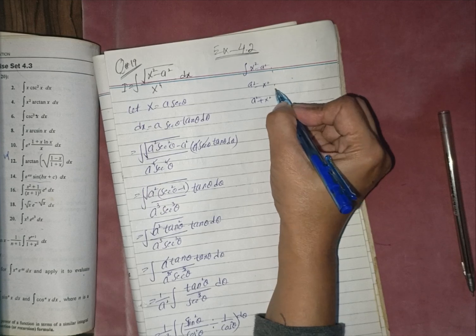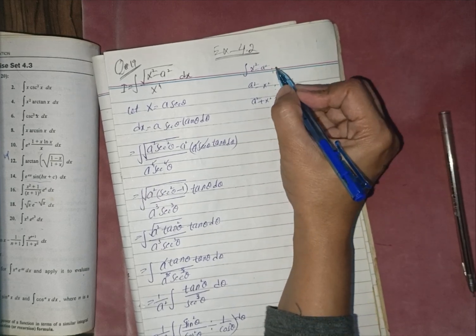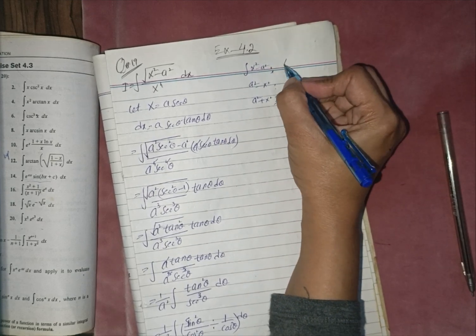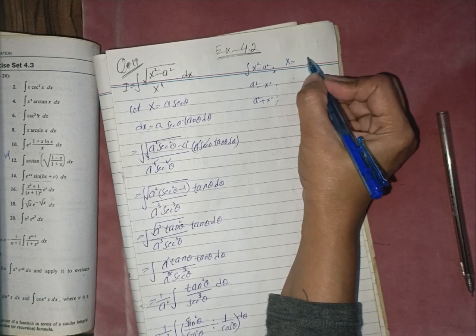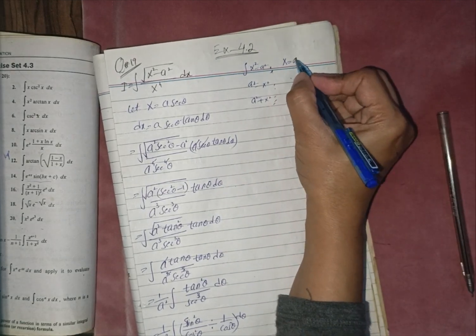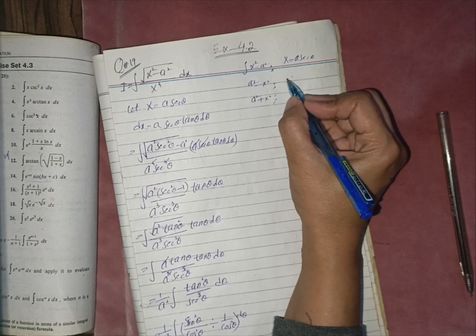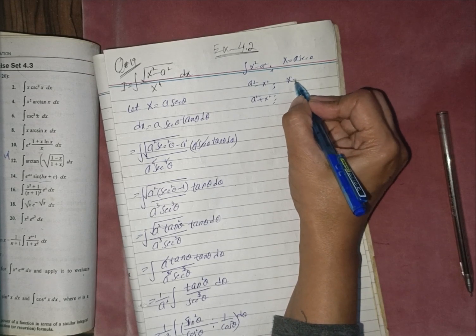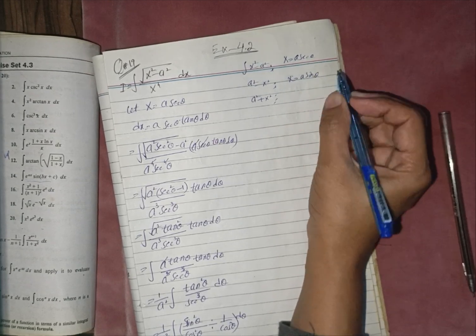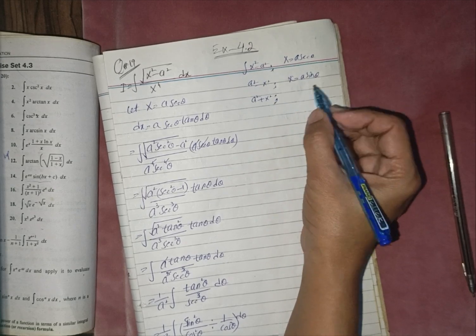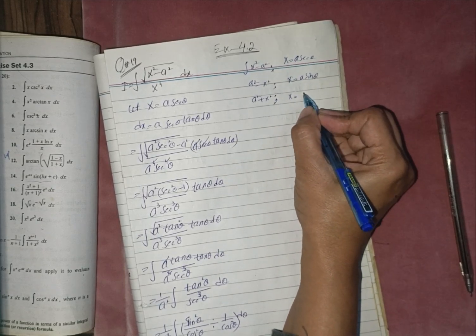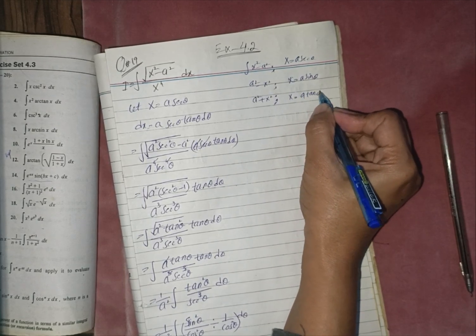If we have this kind of question, we will substitute x is equal to a secant theta. In this type of question, we will substitute x is equal to a sine theta, and in this type of question, we will use x is equal to a tan theta.